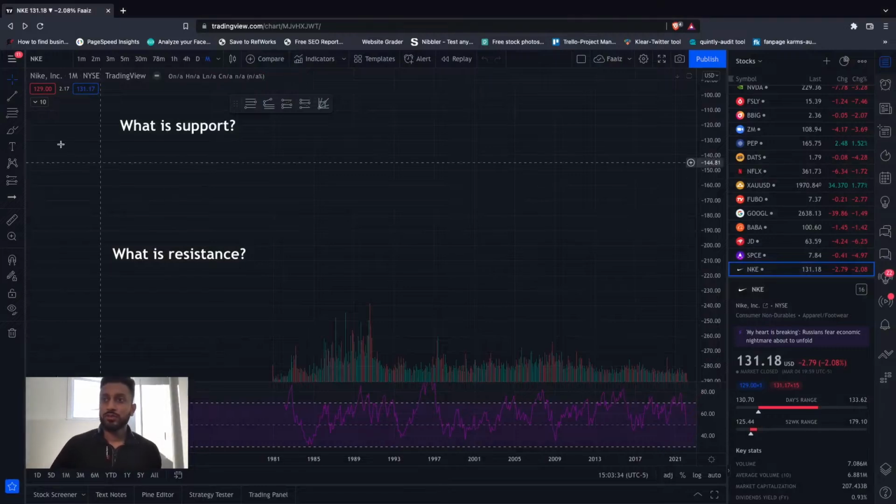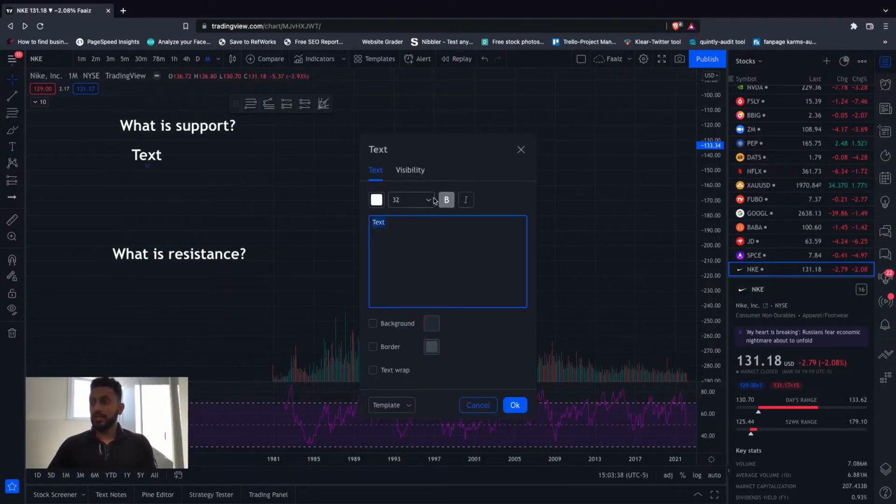Cool. So what is support? Well, this is a very simple concept, but a very important one. And it gets more complex as we get more into depth with it, but I'm going to keep it very simple today. So, support are areas where traders/investors think it's a good price zone to buy.